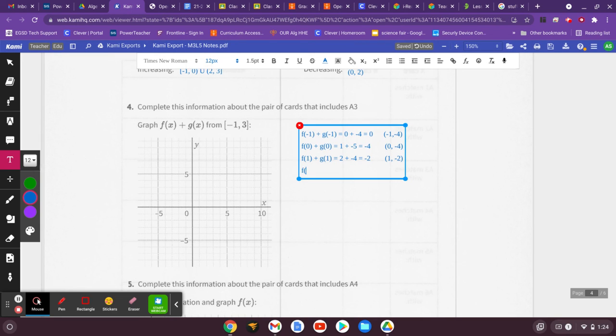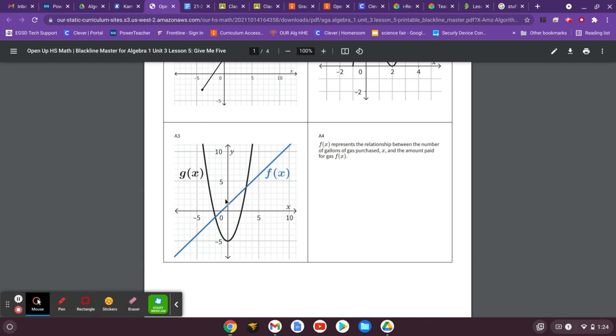And then f of 2, a little tedious, but kind of the best way to be accurate on these. G of 2. So f of 2 is 3. G of 2 is -1. Wait, g of 2. Yeah, it's -1.